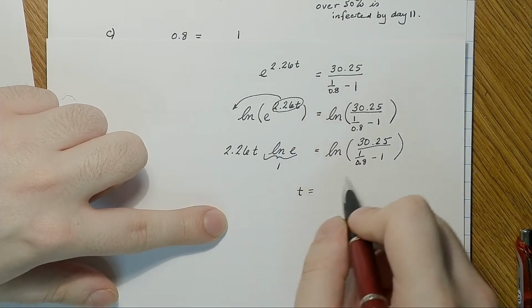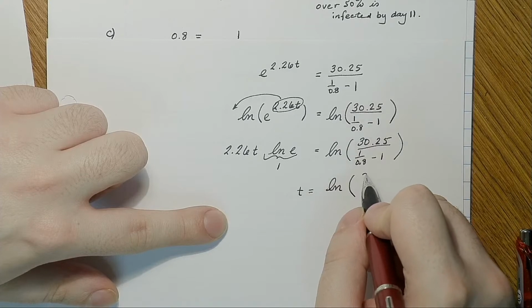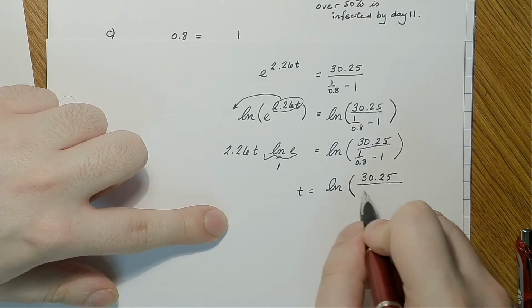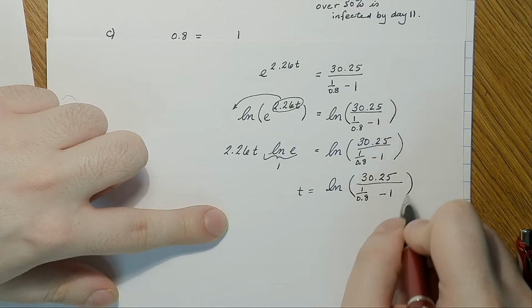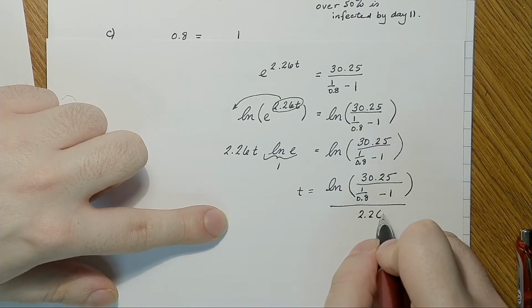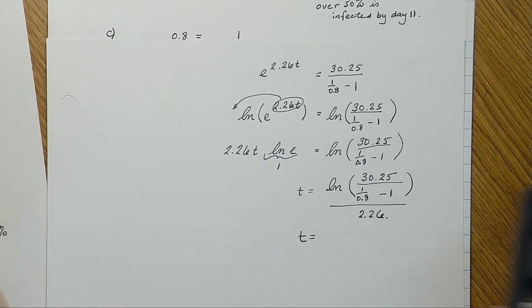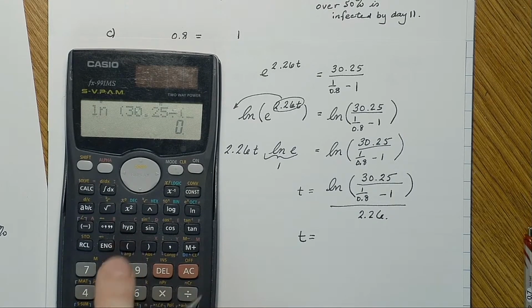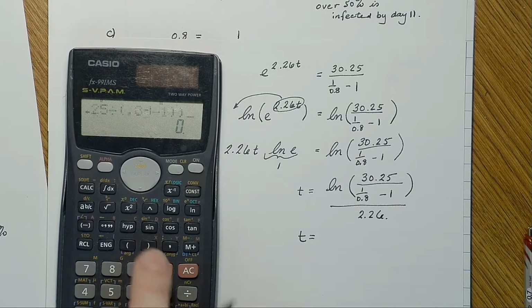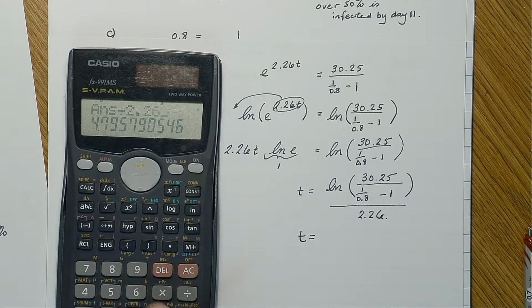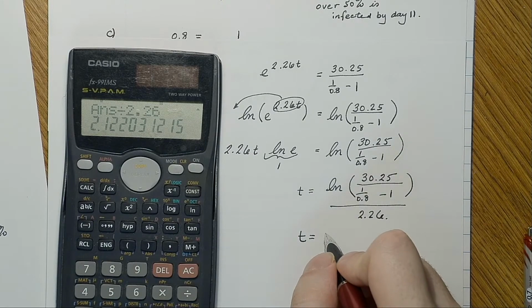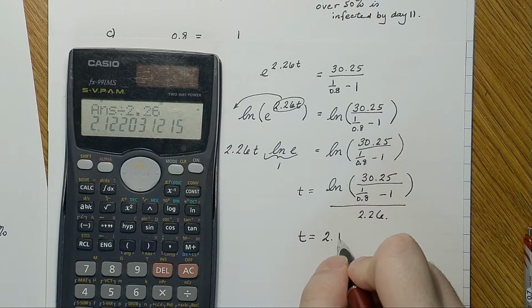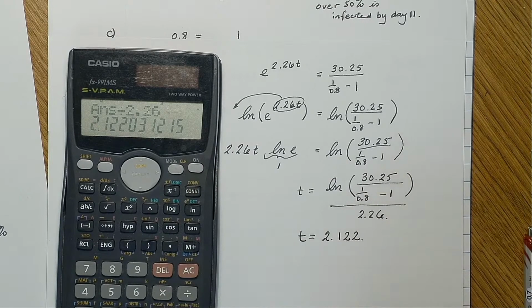So t is equal to ln of all this stuff all over 2.26. And if I put that into the calculator, 30.25 divided by 1 over 0.8 minus 1, then the ln, divided by 2.26, I get 2.122.